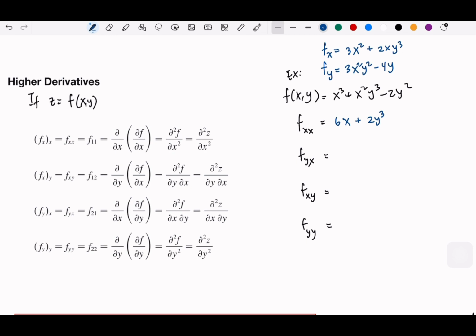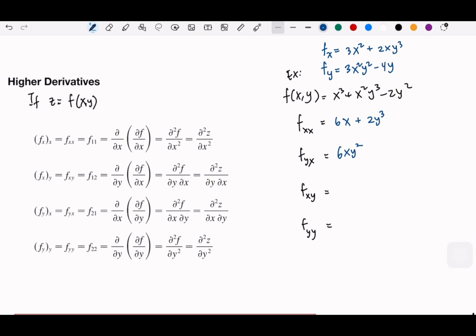Right? So this will be 6xy squared, and then the other part will be 0, because it's only 4y.